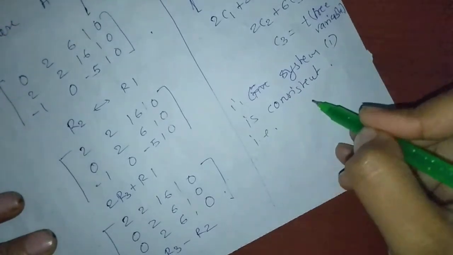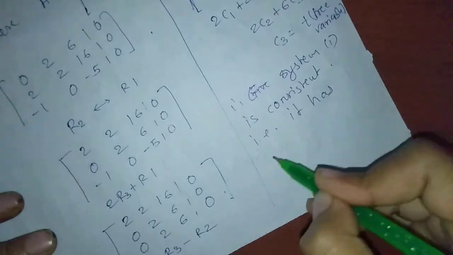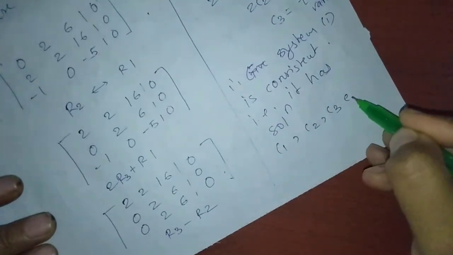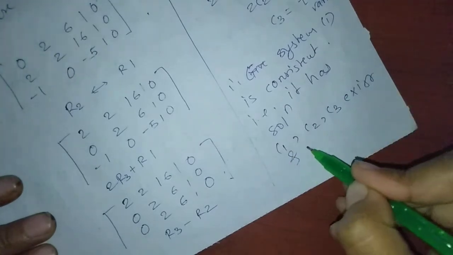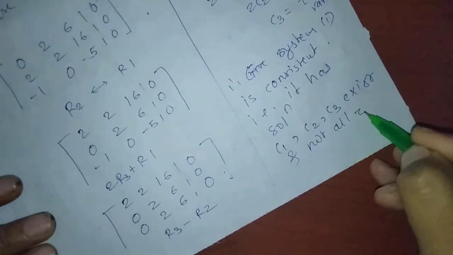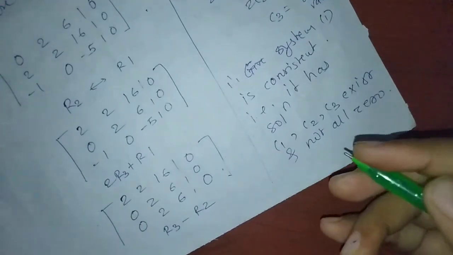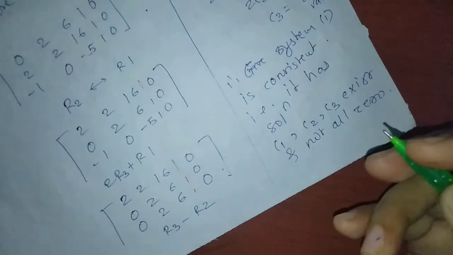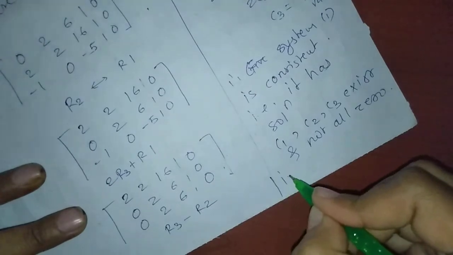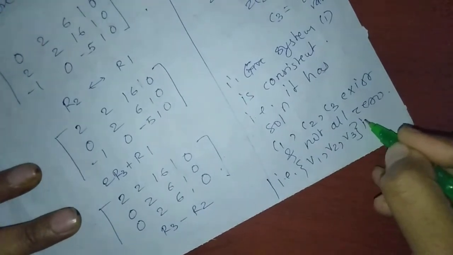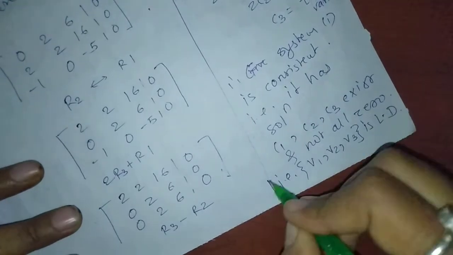That is, c1, c2, c3 exist and are not all 0. Not all 0 means v1, v2, v3 is a linearly dependent set. That is, the set v1, v2, v3 is linearly dependent.